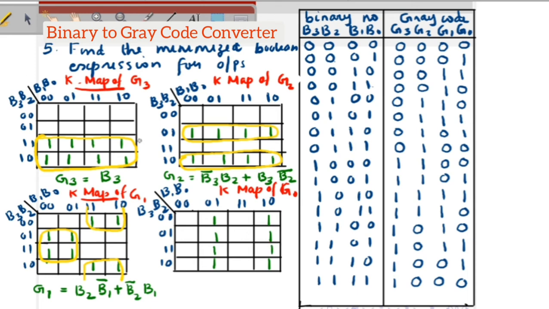Okay, here also next we can group them. So first quad, then second quad, two groups are there.